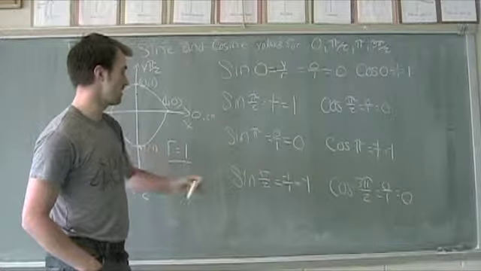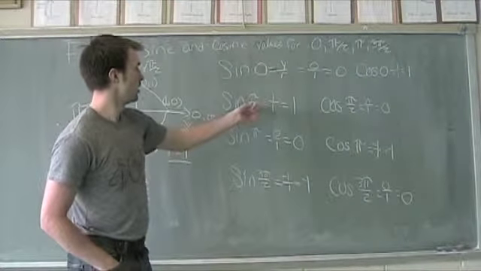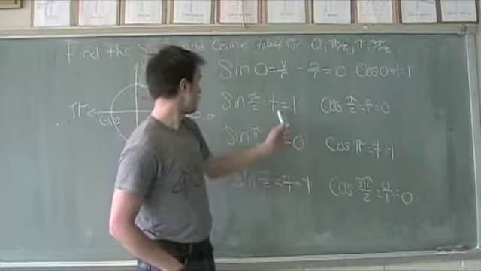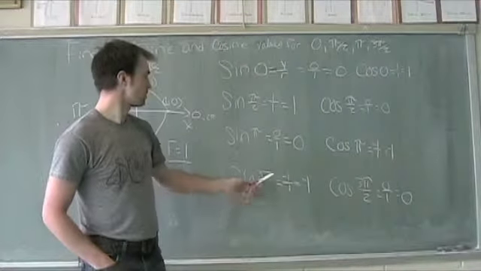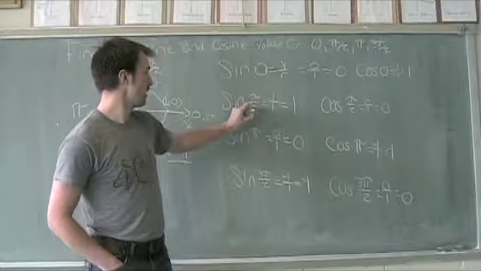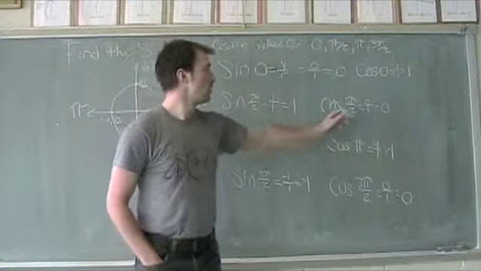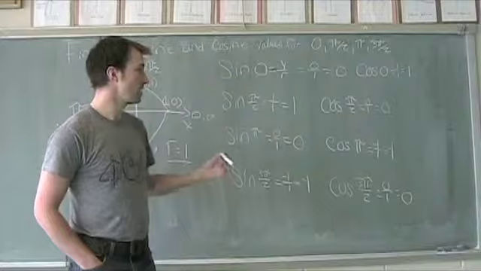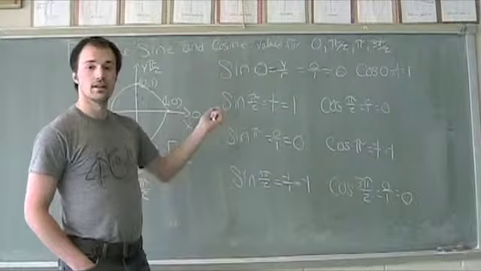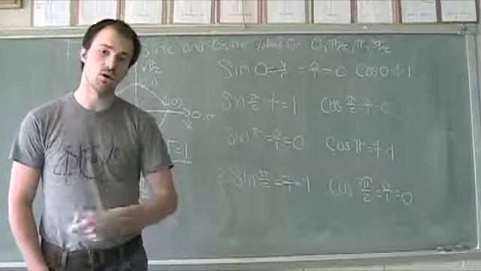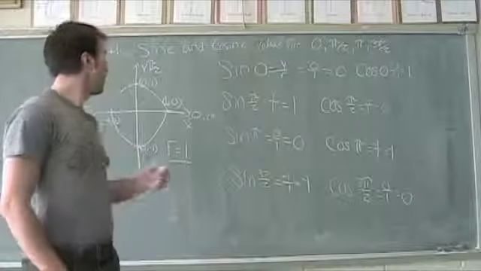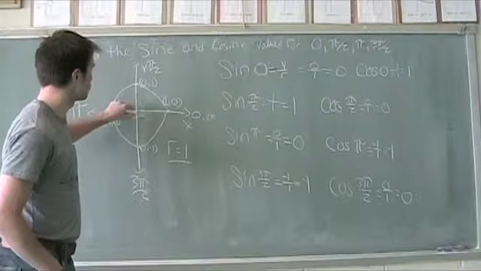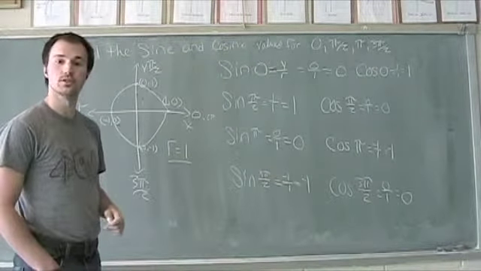And a positive sine value of 1 is given just at pi over 2. Cosine of 0 is a positive 1. And that's it. So, these are the 6 identities, or 6 common practice values. When we're looking, make sure that you have those in mind.